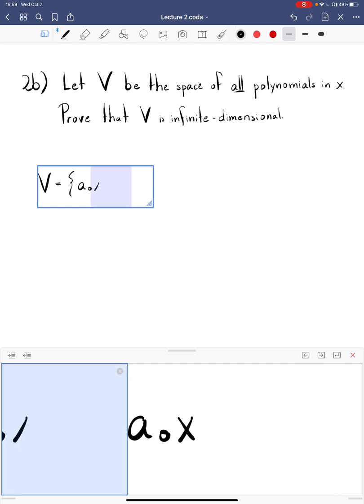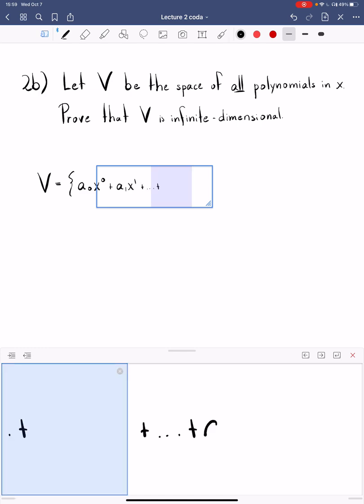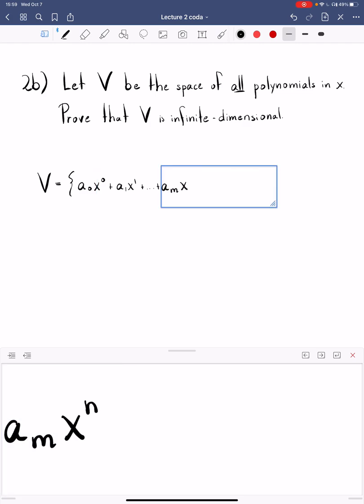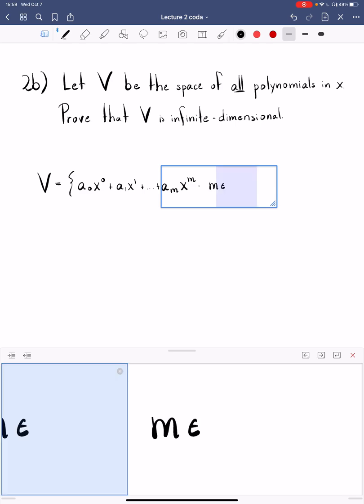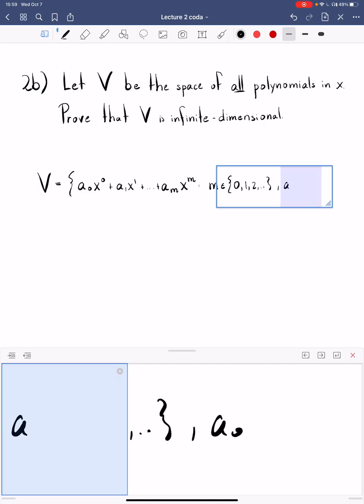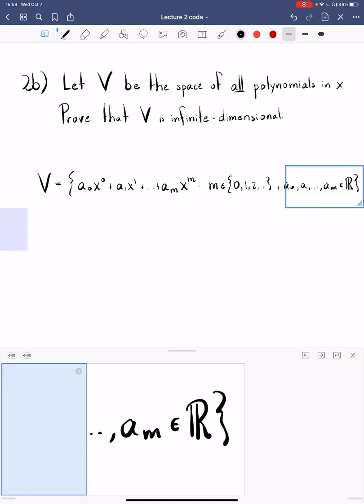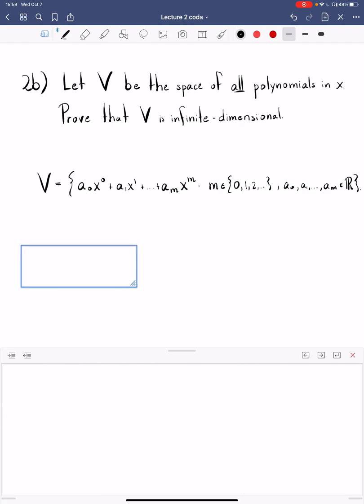So this looks like a0 x to the 0 plus a1 x to the 1 plus all the way up to am x to the m, where m can be any non-negative integer, all right? And the coefficients a0, a1, up to am can be any real numbers. All right, so that's this vector space V.